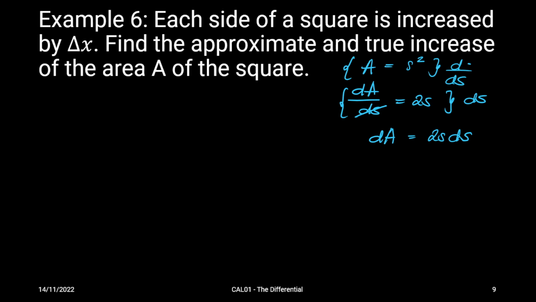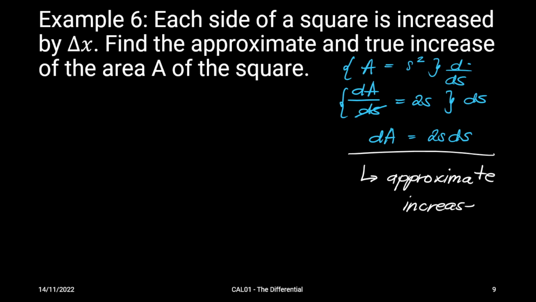This equation, dA is equal to 2s ds, is what we call our approximate increase. We need a numerical value, but there is none given. So, that is the approximate increase. We just need to find the value of the true increase.